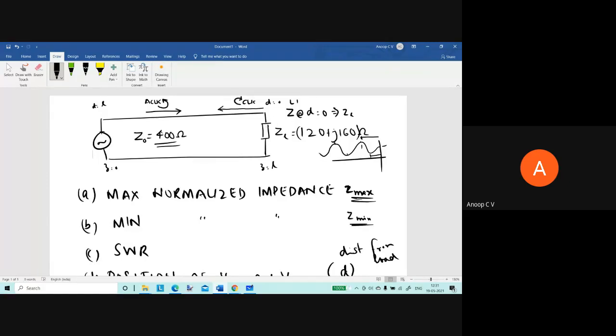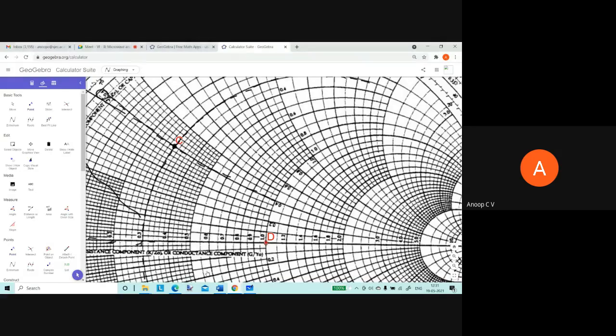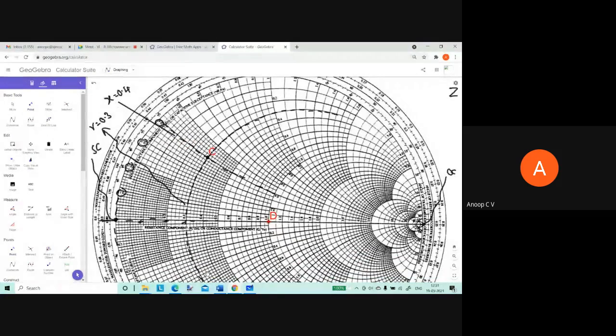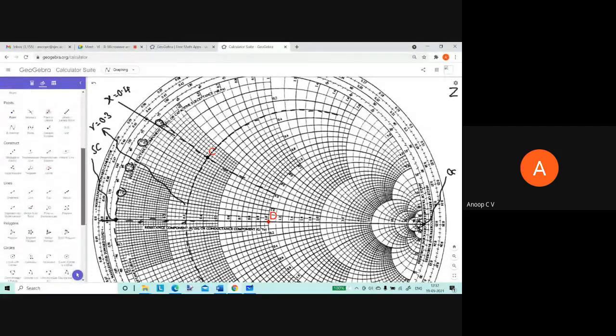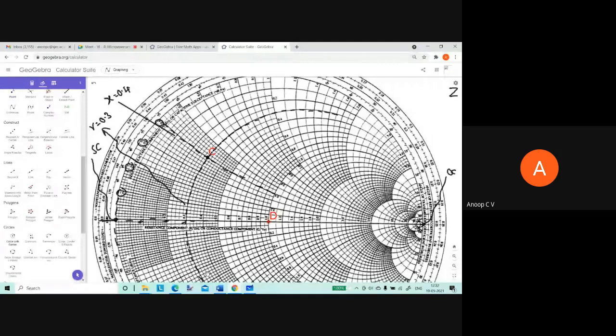To find Zmax and Zmin, we should draw a constant SWR circle. What is that constant SWR circle? For that I have an option in GeoGebra.